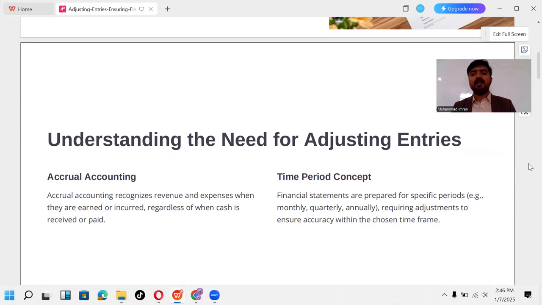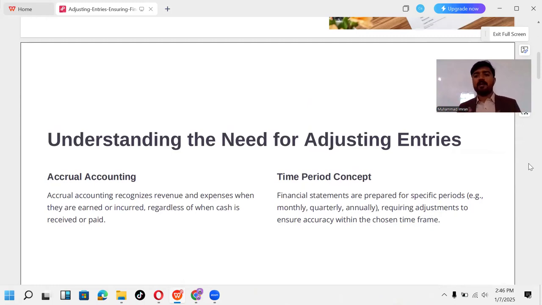The other need is the time period concept. We know that financial reports are prepared for specific periods like monthly, quarterly, or annually. So adjustments are required to ensure accuracy within the chosen time frame in which these financial reports are prepared.